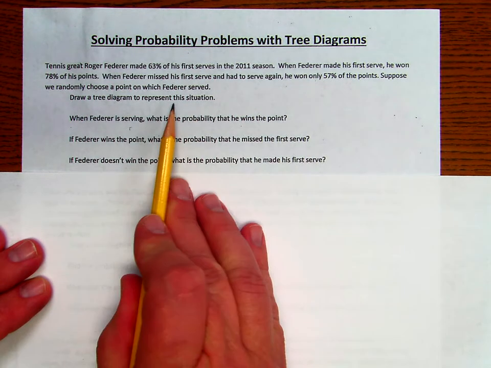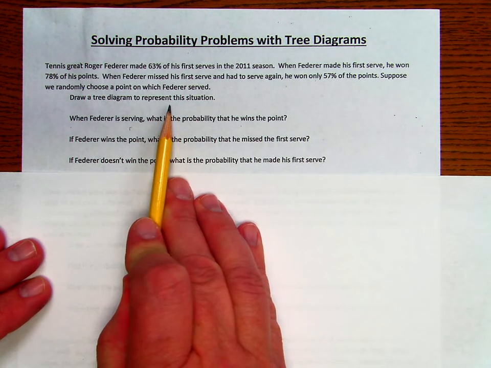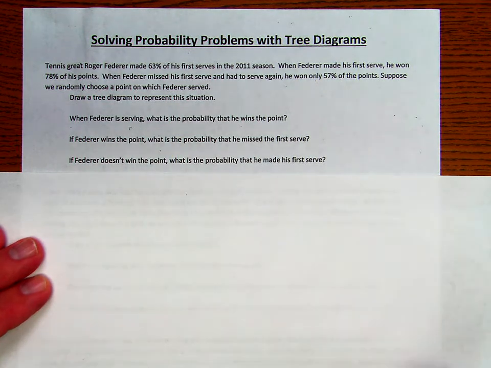And the first thing it's asking us to do is to draw a tree diagram. And then after we draw a tree diagram, they are going to ask us some probability questions. All right, so the first branch of the tree is going to be, did he make his first serve or not?